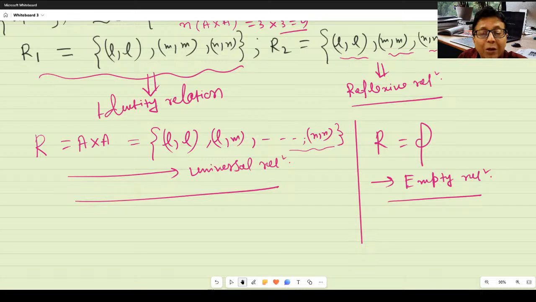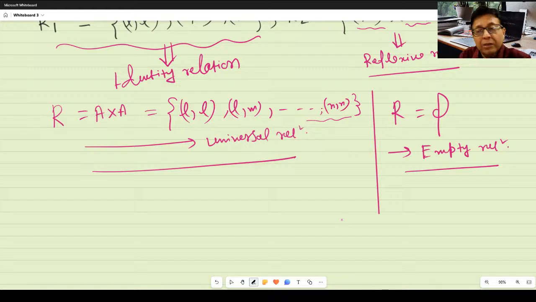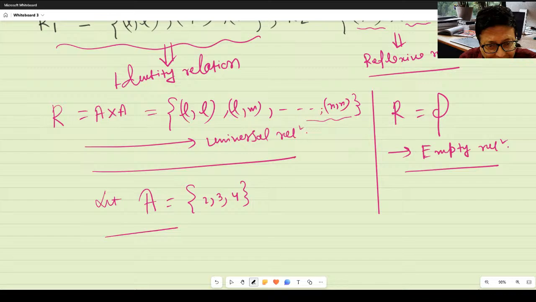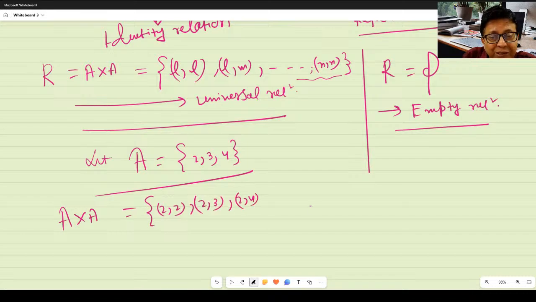Okay? What can be the example for these two? I am taking from numbers. Let A equal to 2, 3, 4. Okay? These are 3 elements, 2, 3 and 4. Now, if we write A cross A, then you know what will be there? 2, 2. All 9 elements like before will be there.